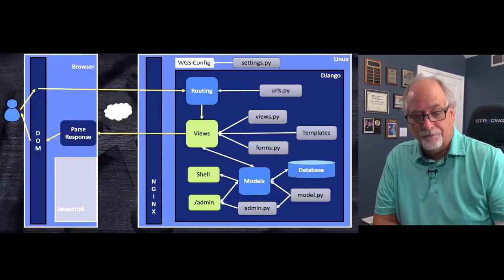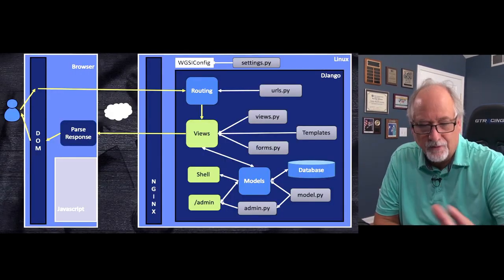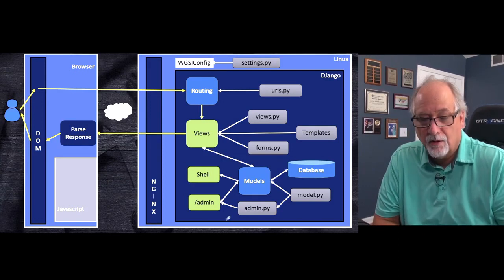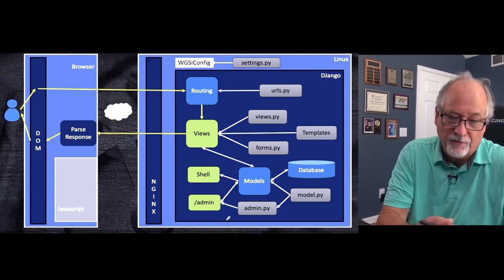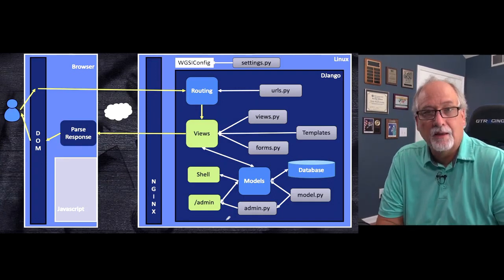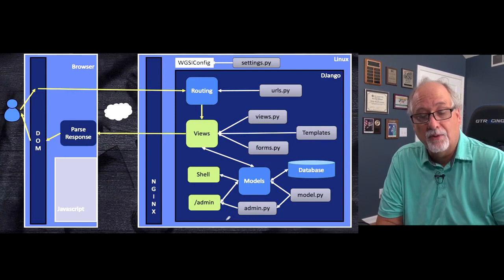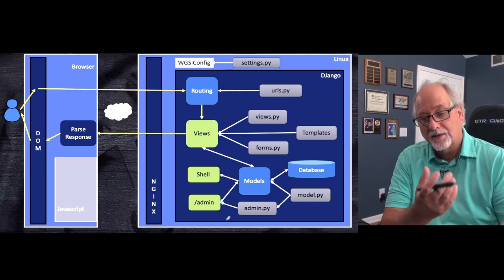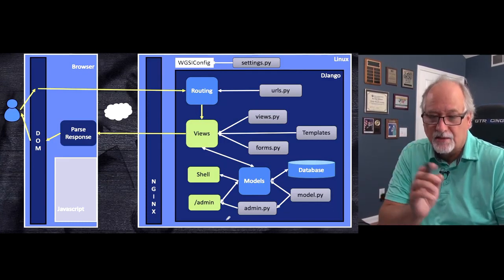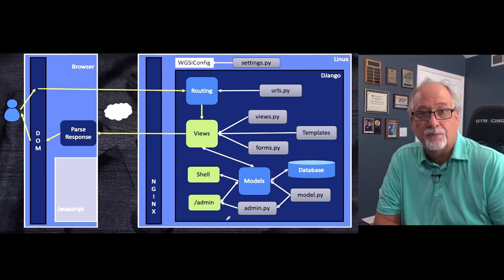Coming up soon. And just to give you a bit of a sense of where you're at, this is our application. We have a browser on the left-hand side with a user doing some clicking. By now you may have created a urls.py file, and that takes the syntax of the GET request slash this, slash that, slash whatever, and routes it to a particular view coming from the views.py file.